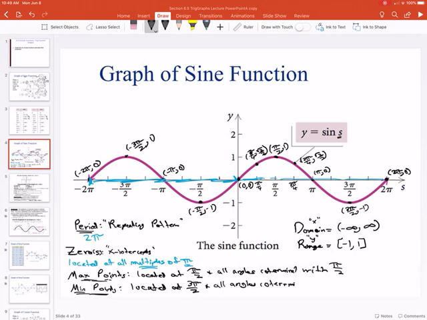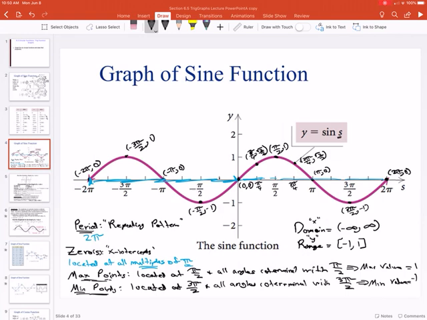So all angles coterminal with 3 pi over 2, again adding or subtracting multiples of 2 pi. All right, and our max value is 1, min value is -1. So keep that in mind. What is our max value? What's our min value? Right, so 1 and -1.